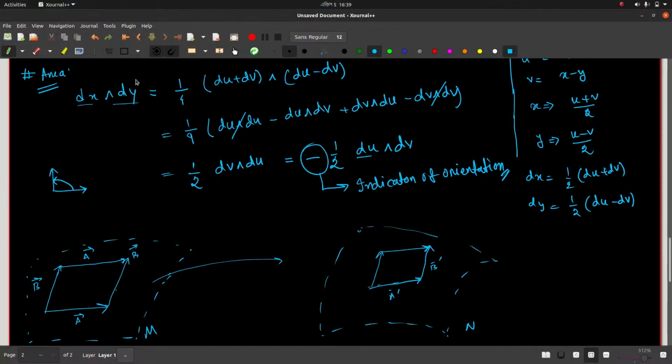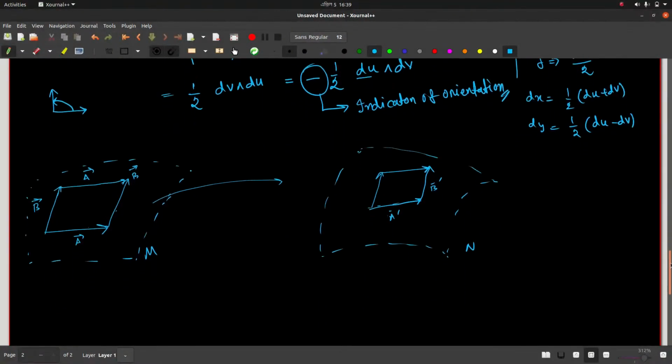That's it, simple as that. So if we use our idea of the push forward of vectors, then we can map these vectors from A to A prime, B to B prime, and we should be able to map this area. Let's call this area small a, and this small a prime. We should be able to map this a to a prime, and let's see how that is done.